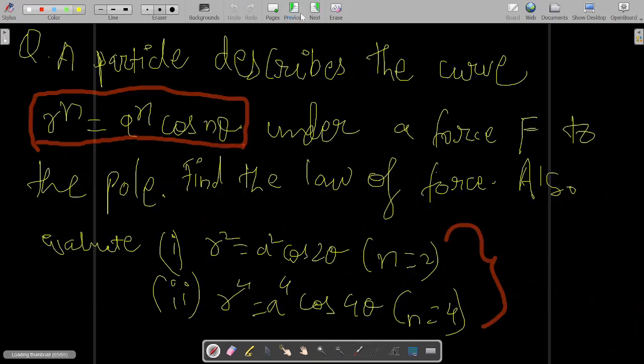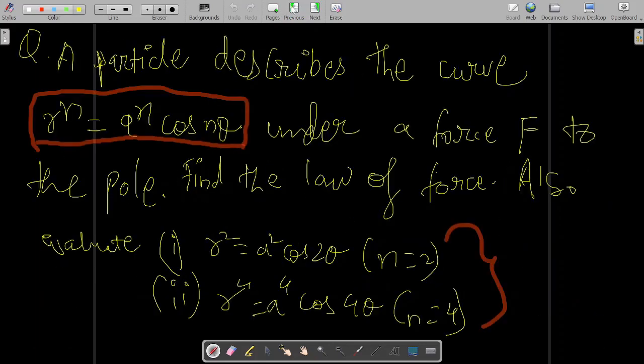Okay, let's solve this. Solution: given is r to the power n equal to a to the power n cos n theta.